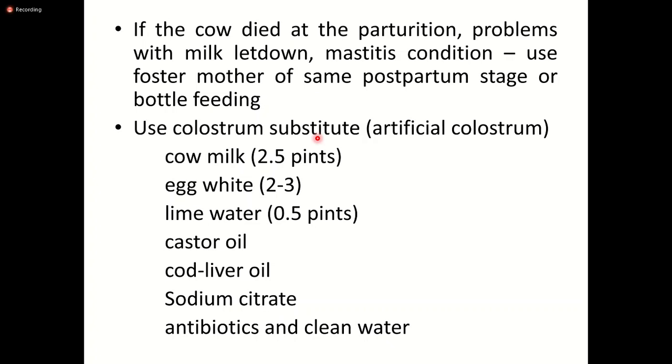So we have to add some cow milk, maybe egg white, lime water, several oils, right, as ingredients, and antibiotics and clean water, and we mix it and prepare an artificial colostrum, which is pretty similar to the composition of the natural colostrum, and the benefits obtained are pretty similar to the natural colostrum.